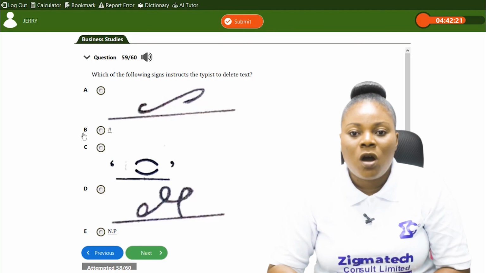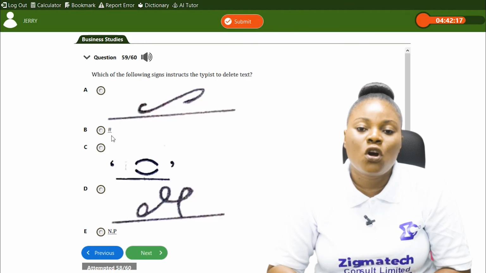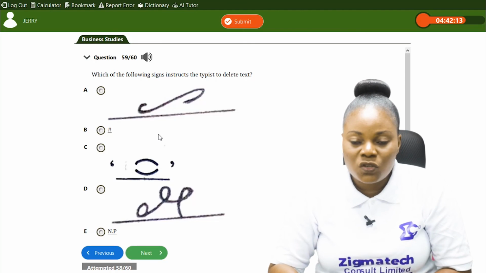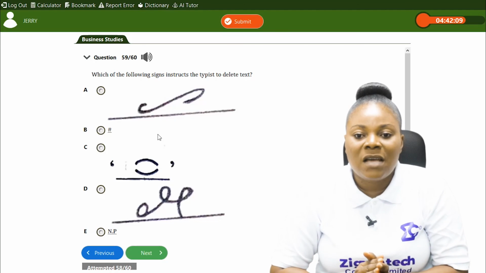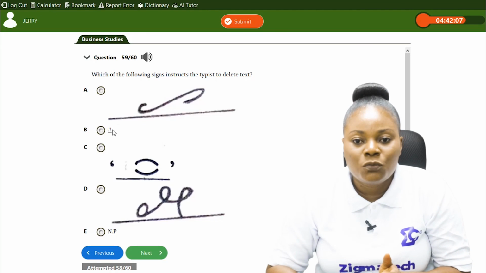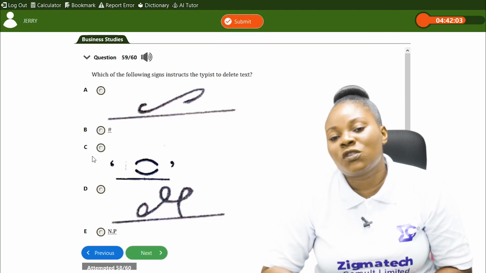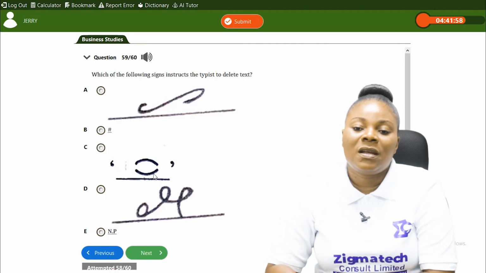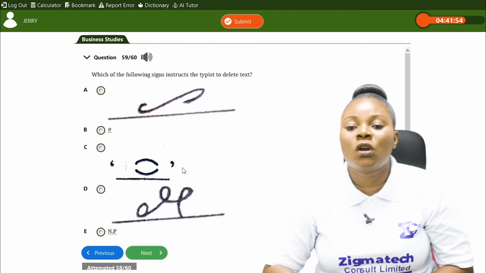Option B, that is the hash sign. It's used to show insert space. When two words are together and you are to separate them, you put this sign to show that the two words should be separated. Option C, looking at this, it looks like the shape of your lip. Like I've said before, it's called close-up.